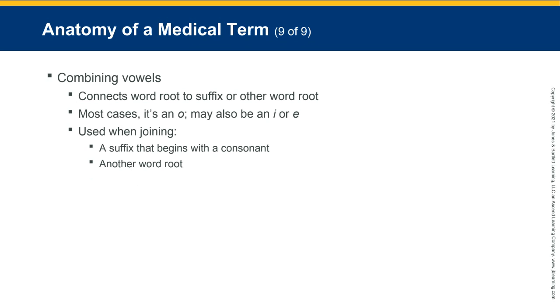Combining vowels connect word roots to a suffix or other word root. In most cases it's an O. It may also be an I or E, and it's used when joining a suffix that begins with a consonant to help the pronunciation, or when there's another word root, combining two word roots.